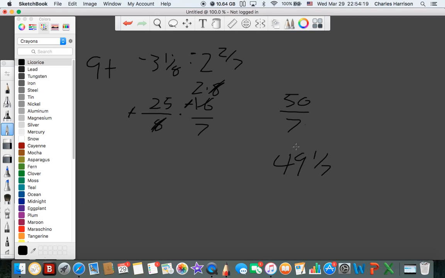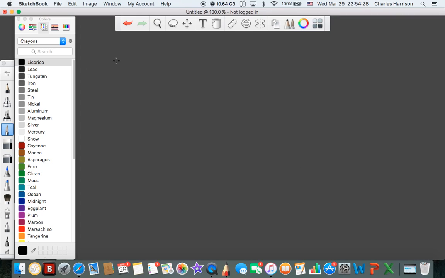With long division, you'd be able to figure that out too, but I'm just skipping some steps to save some time. So now, the final one before we finish part 2 is 9u. That's a negative 4 2/3 divided by 1 1/6.